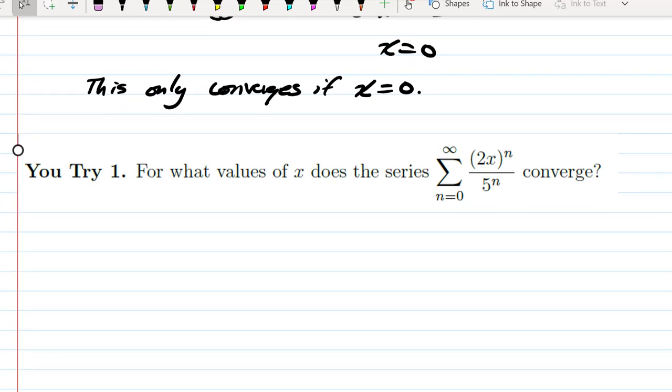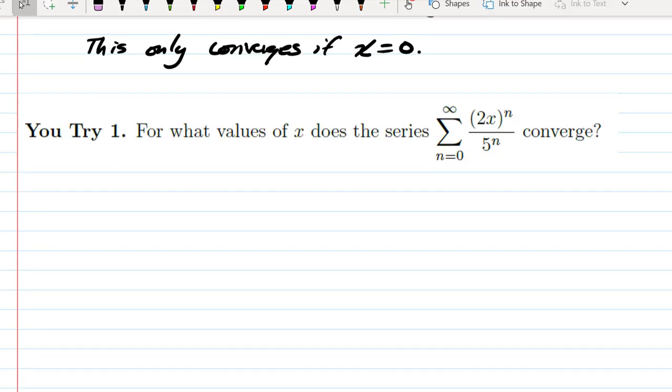So we want to determine for what values of x does the series 2x to the n over 5 to the n converge. To determine what values of x this converges for, we identify our a sub n, and our a sub n is going to be 2x to the n all over 5 to the n.